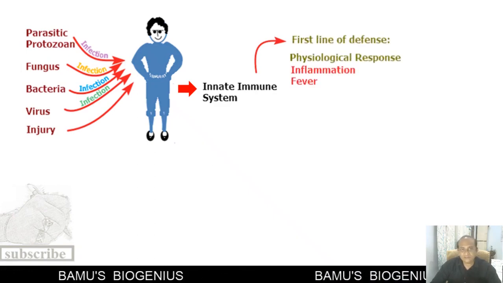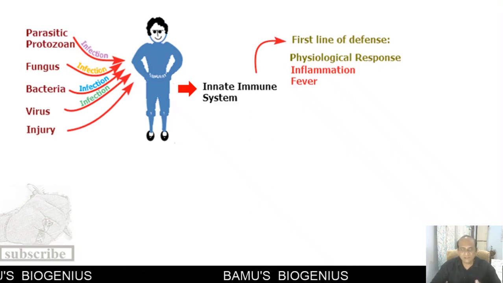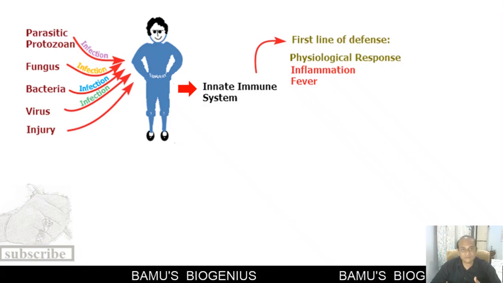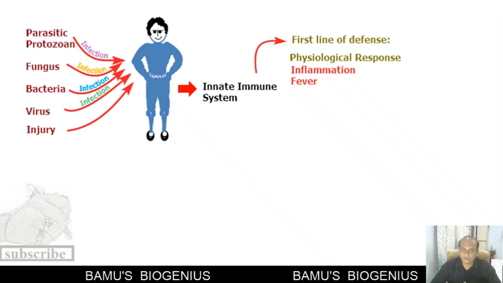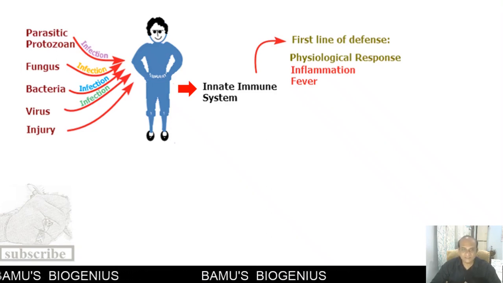This physiological response is in the form of inflammation or fever. We know what happens in inflammation: redness of the tissue takes place, an increase in the size of that tissue takes place, then increased blood supply to that particular tissue takes place. Then in some cases, such as a protozoan infection or a viral infection, the person gets a fever. So such a physiological response is there.